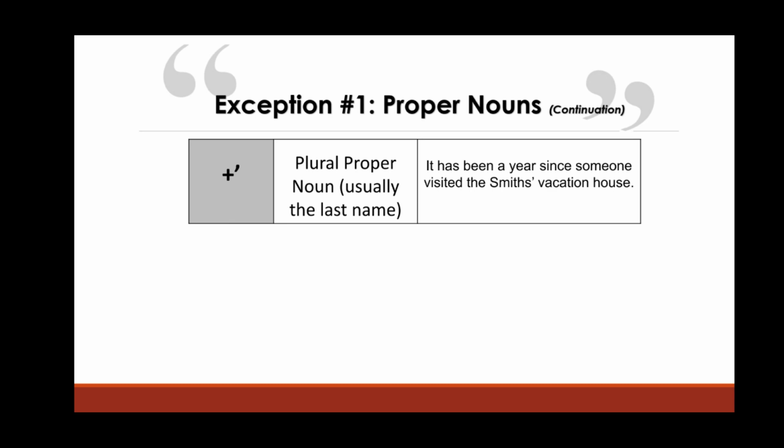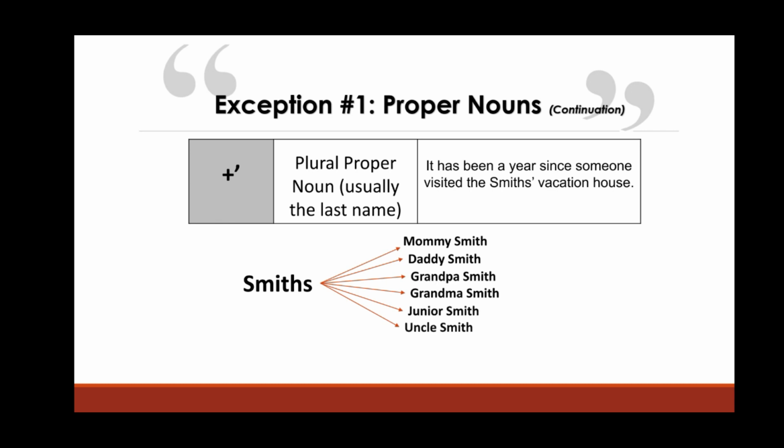By default nga, singular ang mga proper nouns, so dapat apostrophe S. Well, in the context of this sentence, Smiths consist of Mommy Smith, Daddy Smith, Grandpa Smith, Grandma Smith, Junior Smith, and Uncle Smith. So, ibig sabihin, lahat ng family members ang nagmamay-ari dun sa vacation house. Okay? So, plural to. Therefore, apostrophe ang idadagdag. Rare case naman to, pero maganda pa rin na maging aware tayo na may ganito pala.